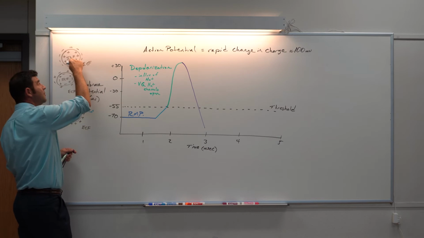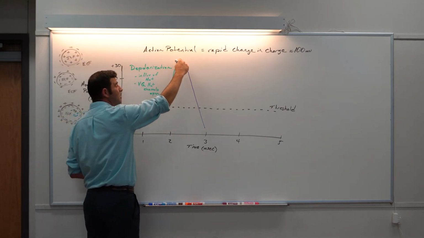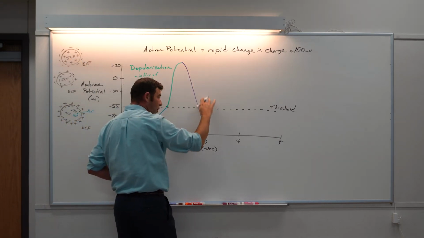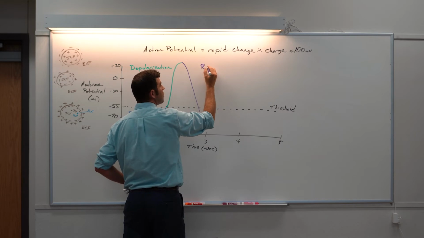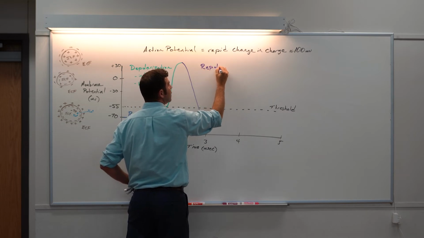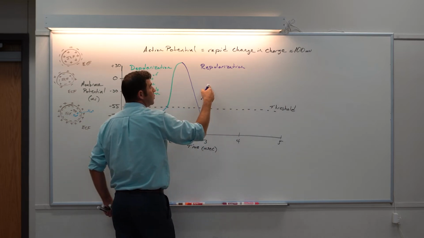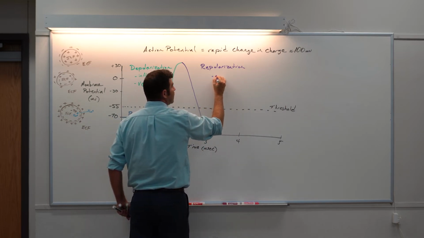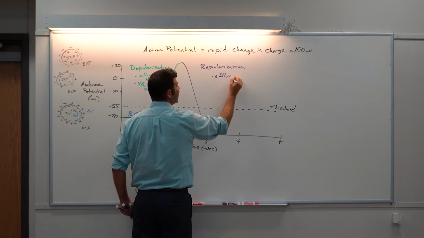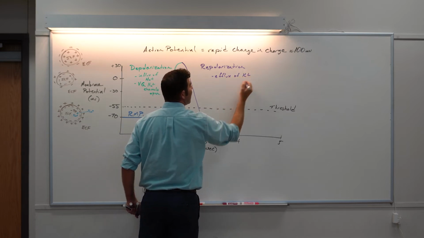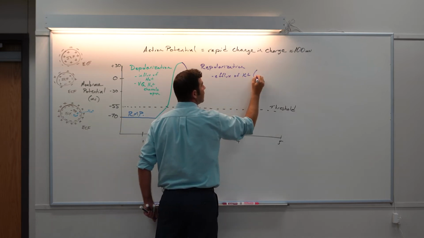It had a bunch of positive charges at the peak of this action potential, and in the part where we're going back down, this is what we would describe as repolarization. Repolarization is due to the loss of potassium ions. So we've got an efflux of potassium ions. They're moving out of the cell.